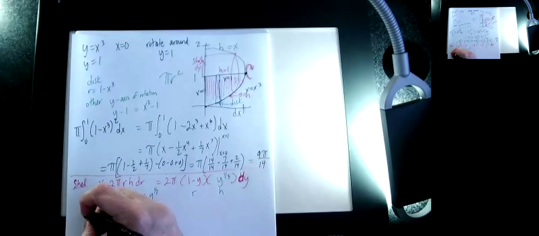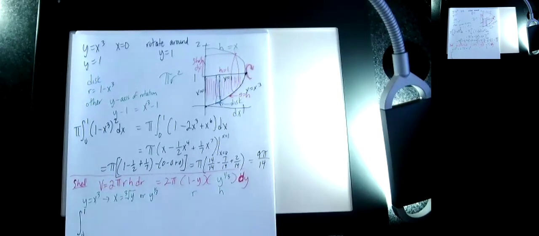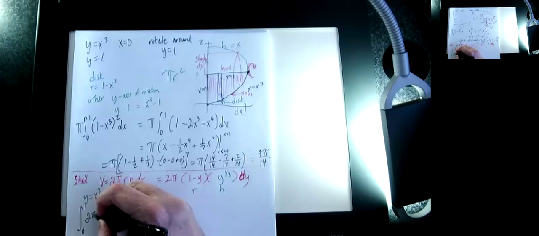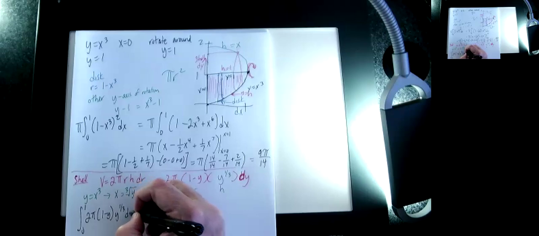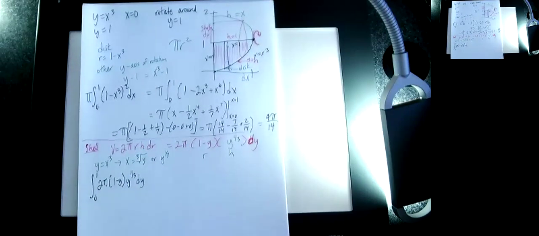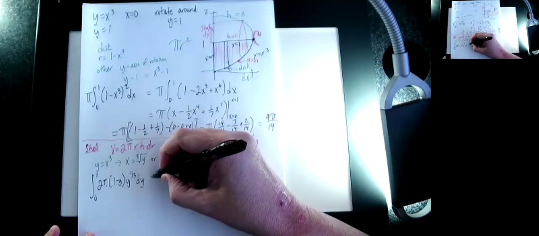And we're going from 0 to 1 because that was our region. So we've got 2 pi times 1 minus y times y to the 1/3 dy. This actually isn't too bad here. You distribute. I'm going to pull the 2 pi out.